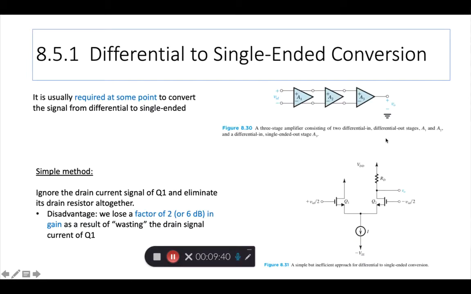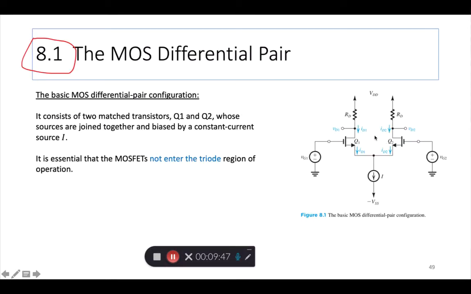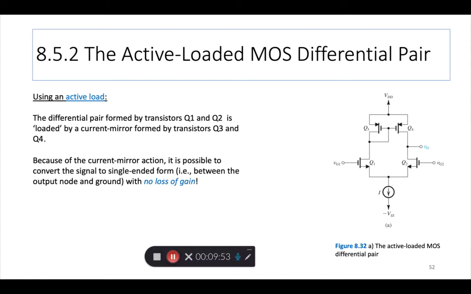So if you compare this to this on slide 50 or slide 49, you see these two resistors in the drain, right? So going back to slide 52, the two resistors in the drain are now removed and replaced by a pair of transistors, Q3 and Q4.